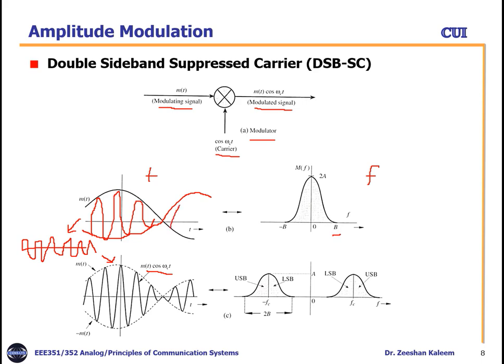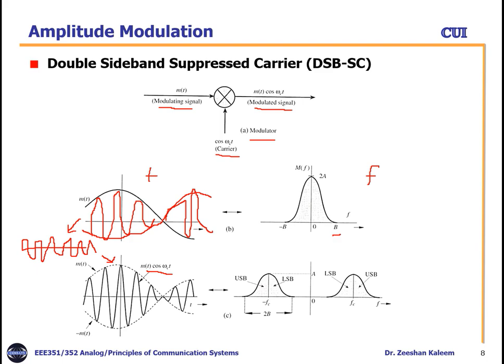This, and so on. It is not very clear here, but from here you can notice that the frequency of the carrier signal is not changing. The only change is in the amplitude of the carrier. So that's why we call it amplitude modulation.